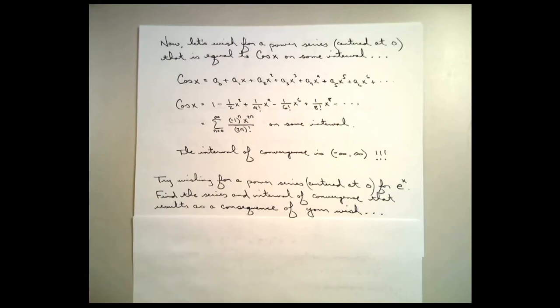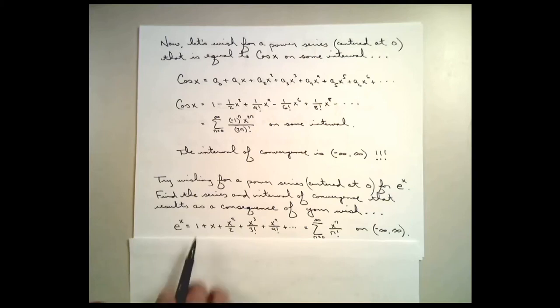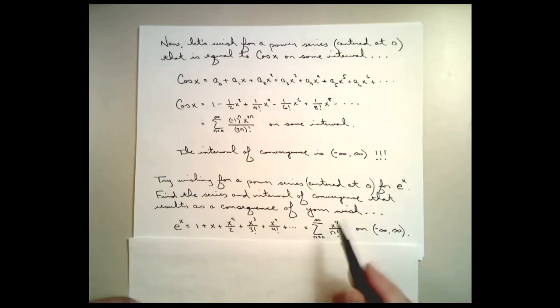Okay, let's check your work. If you got that e to the x was, and isn't this beautiful, 1 plus x plus x squared over 2 plus x cubed over 3 factorial, x to the fourth over 4 factorial, and so on, also converging everywhere on the entire real line, right?